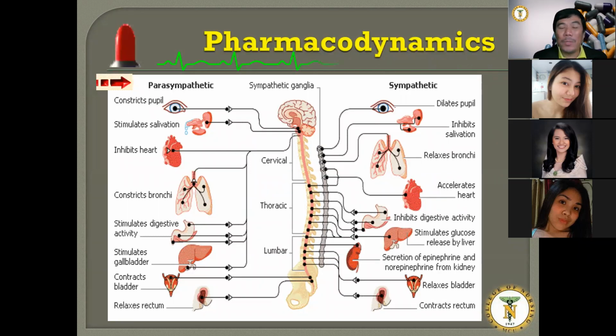Again, I will repeat. For sympathetic nervous system, it is also called as adrenergic. And the major neurotransmitter is norepinephrine. For parasympathetic nervous system, it is also called as cholinergic, and the major neurotransmitter is acetylcholine.